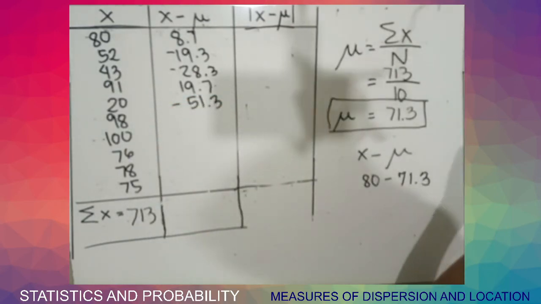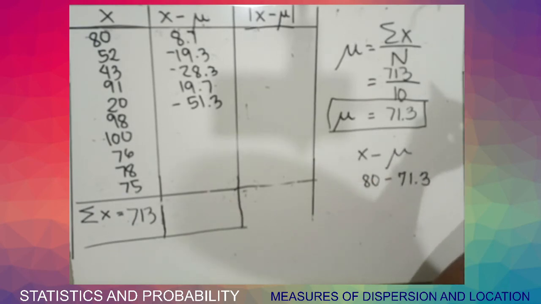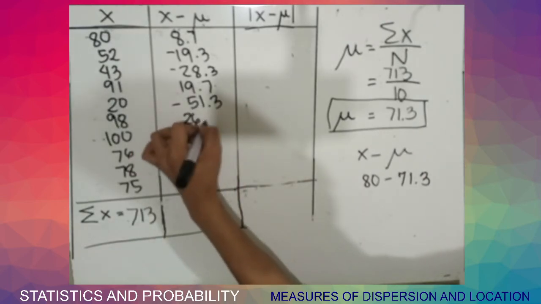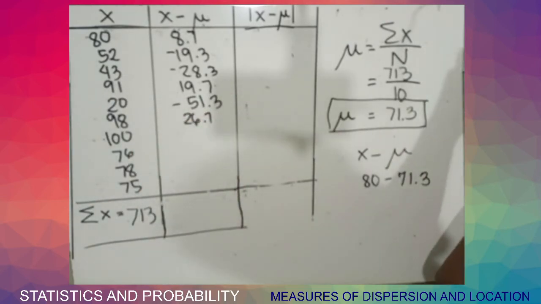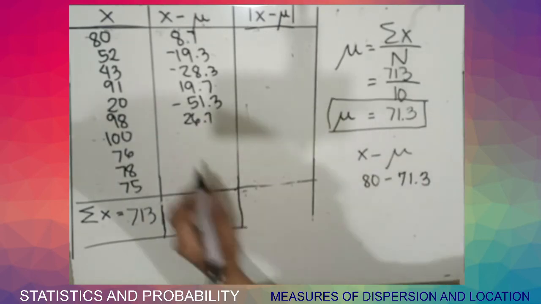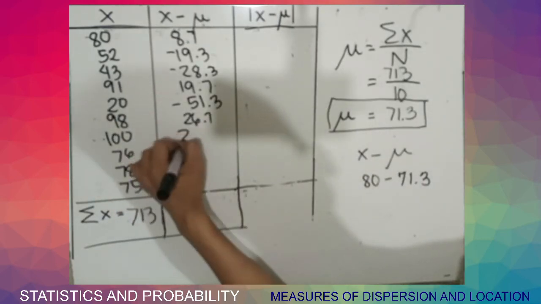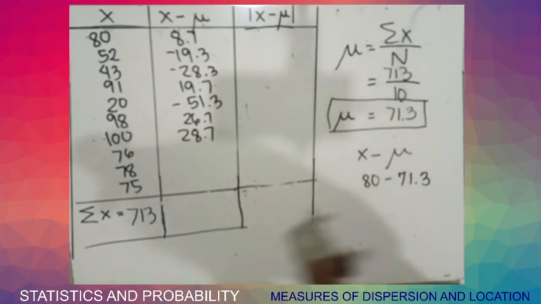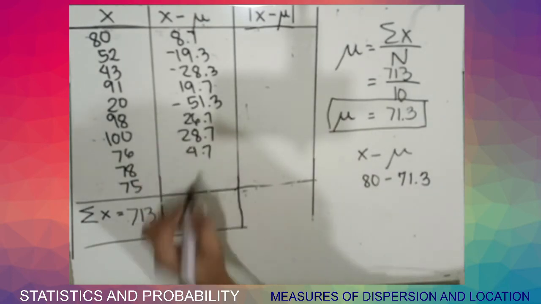Next, 98 minus 71.3, 26.7. Next, 100 minus 71.3, 28.7. 76 minus 71.3, 4.7.